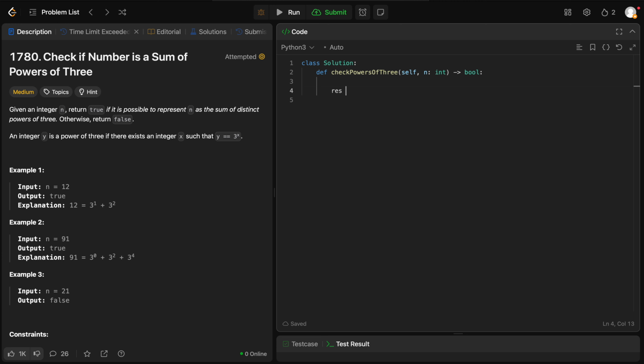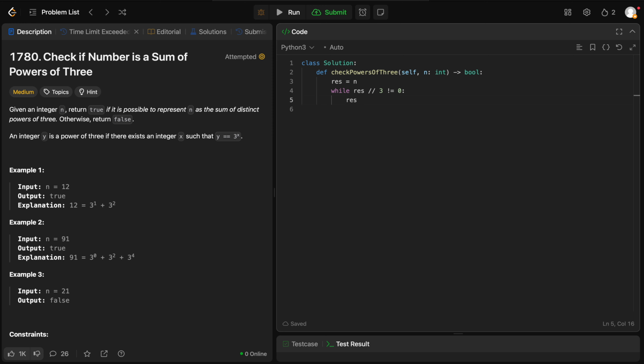So res is equal... so we divide by 3. We essentially shift to the right.